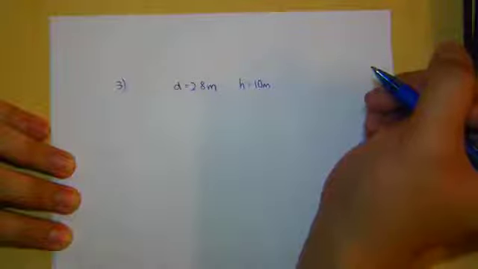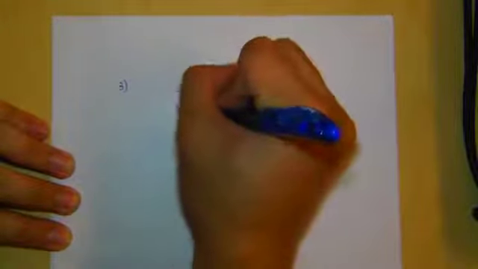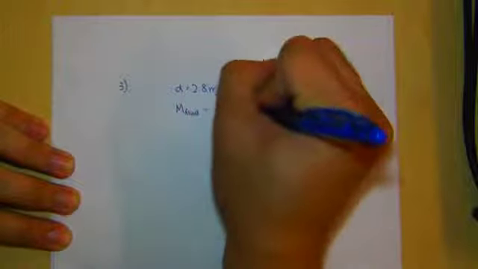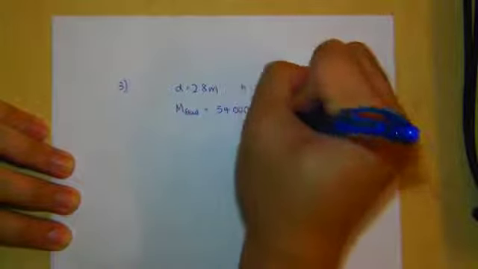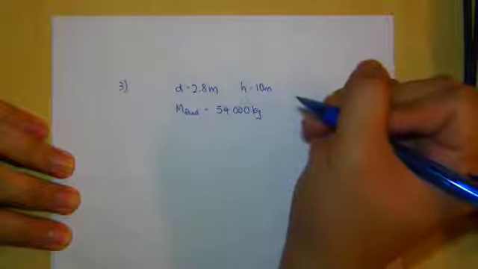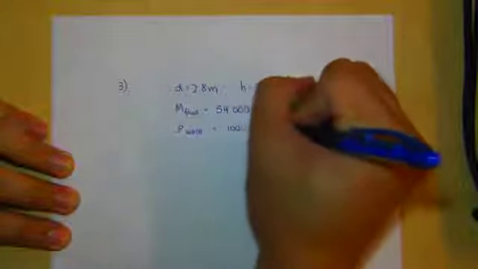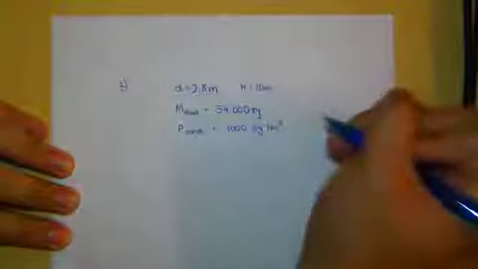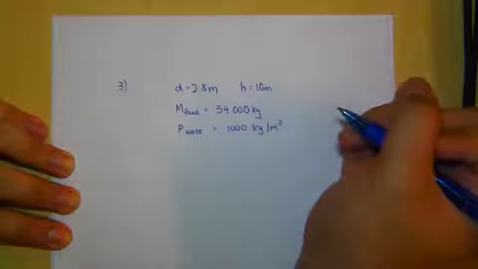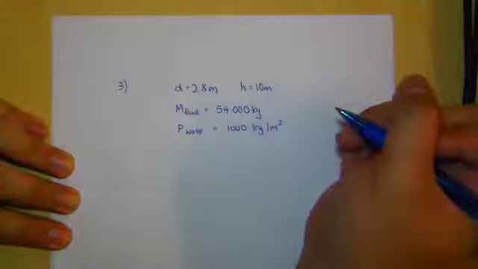The mass of the fluid in the tank is 54,000 kg. And the density of the water is 1000 kg per meter cube. Determine the volume, density, and the specific gravity of the fluid in the storage tank.